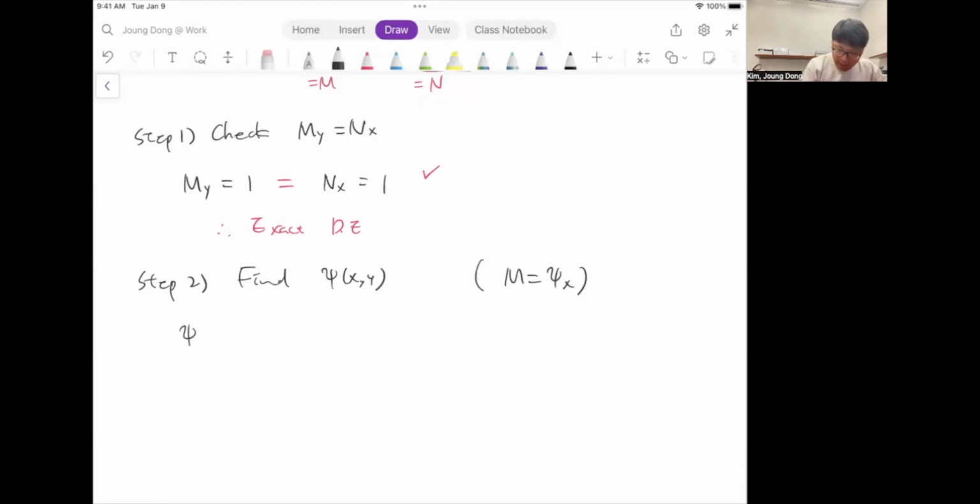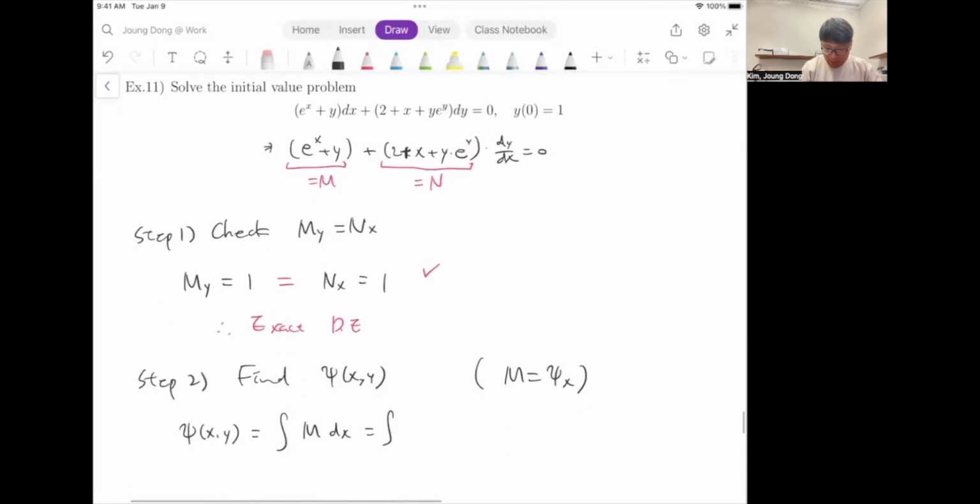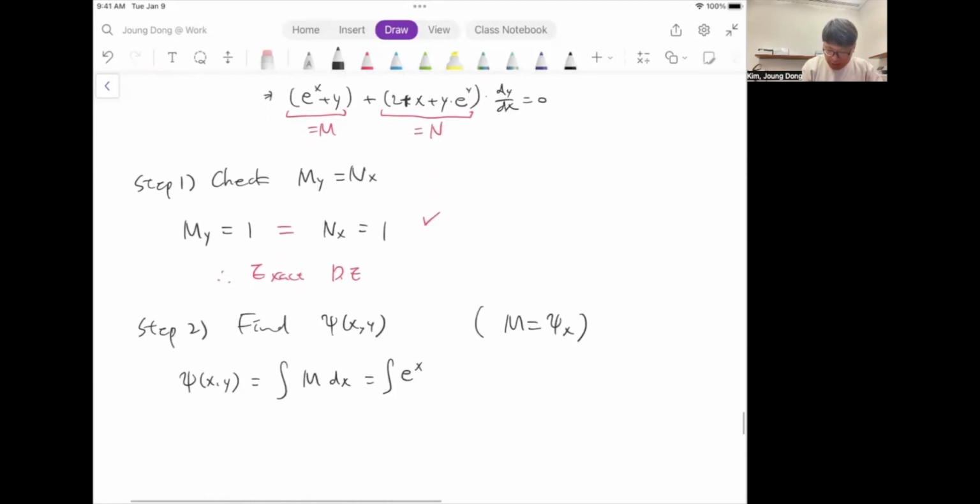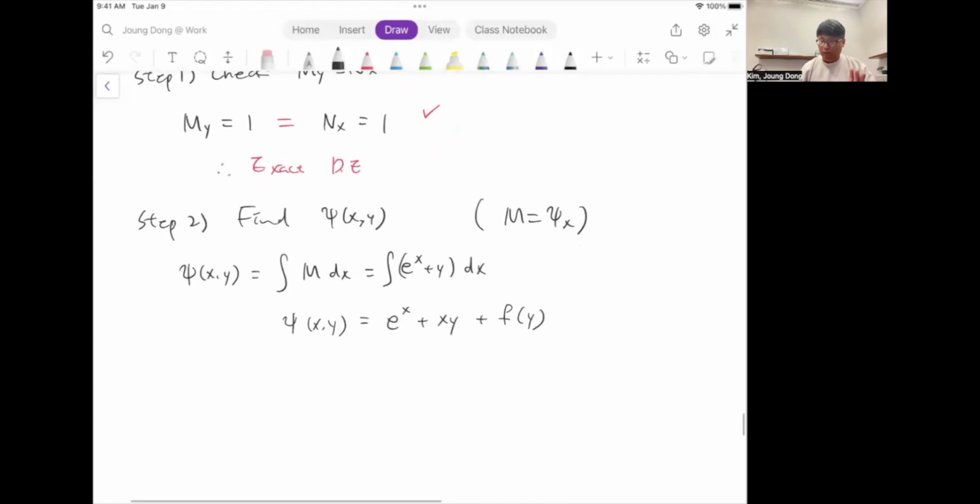So your psi(x,y), which is my target function, is equal to the integral of M dx, which is the integral of e^x plus y dx, okay? So that is e^x plus xy. And don't forget, we must have a function of y. This is my target function.